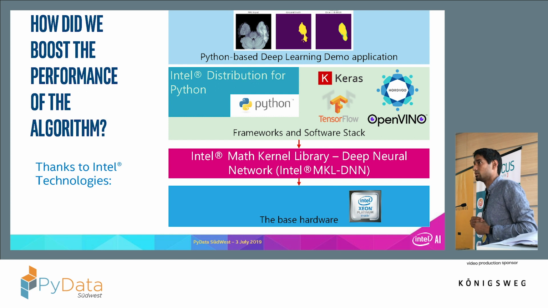DNN stands for Deep Neural Network, and that's the highly performant mathematical library that makes the heavy compute involved in AI much faster. And MKL itself, part of it is built in assembly, making all the math-intensive tasks really, really fast. And then scaling on Intel hardware, Intel Xeon Scalable, which we call our big fat processors.